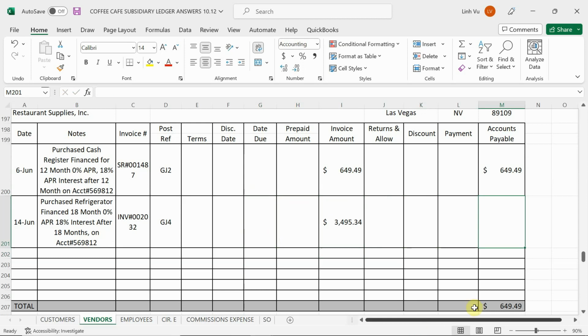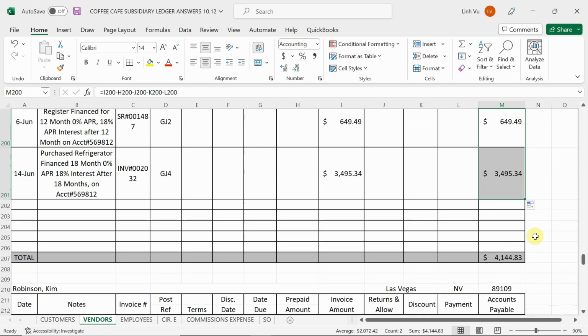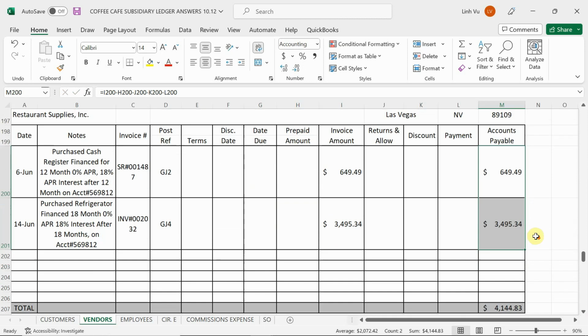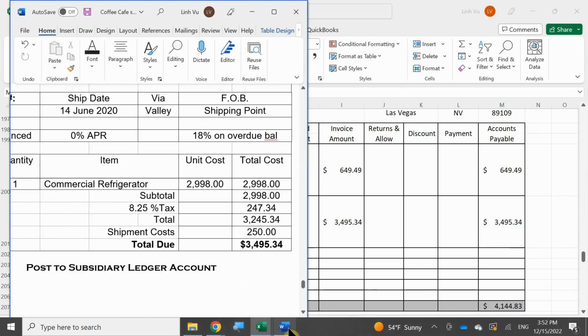Because you owe that amount now, that should give you a total of $4,144.83 that you owe to restaurant supplies.